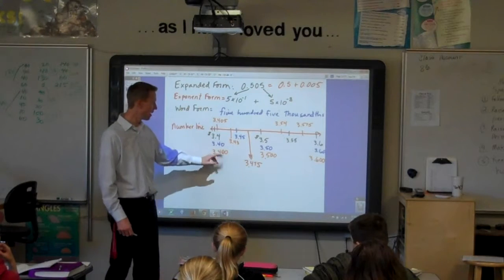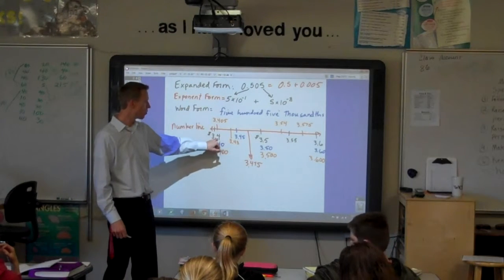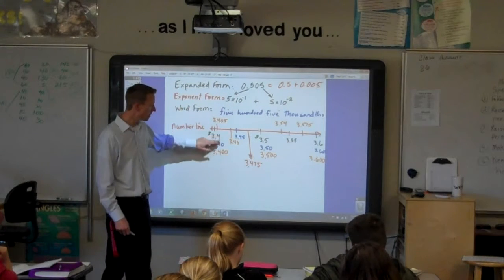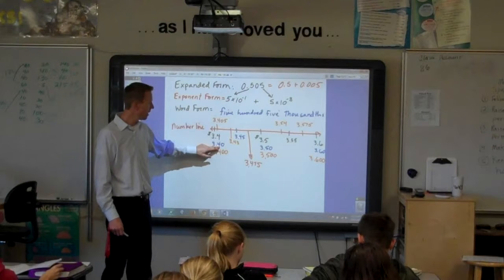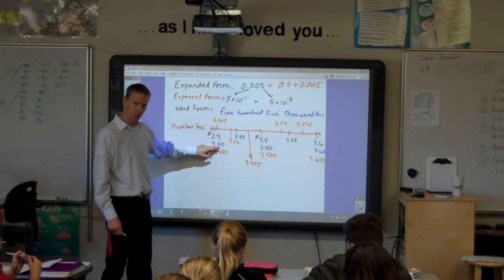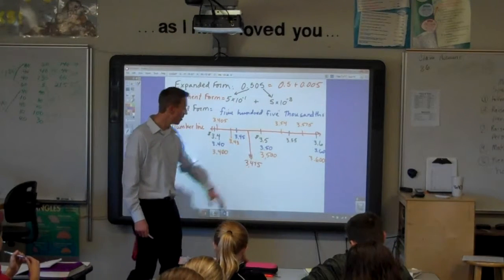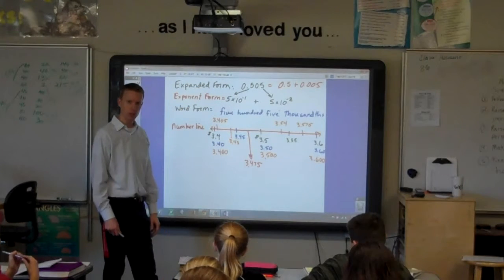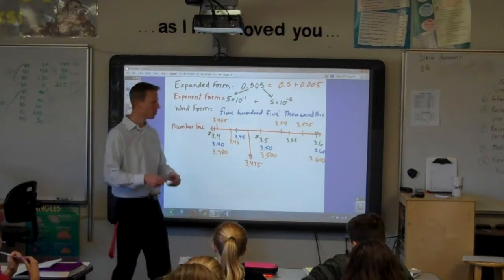For example, between 3.4 and 3.5, you could add zeros and make it 3 and 40 hundredths and 3 and 50 hundredths. And then find, oh, 3 and 43 hundredths is between that. And so on and so on.